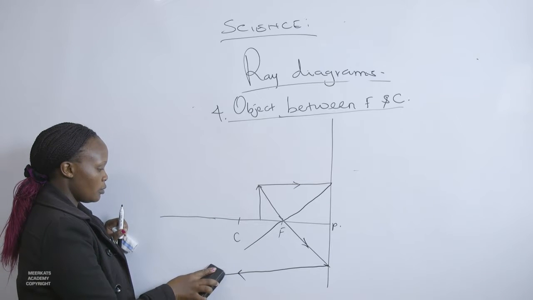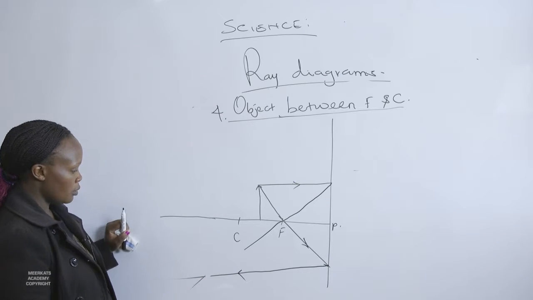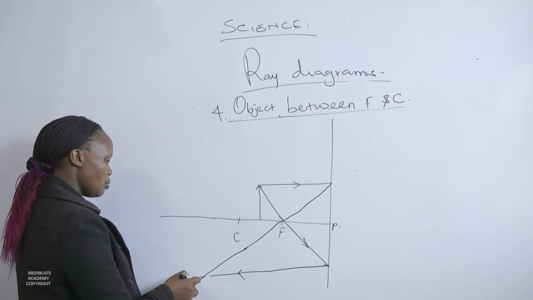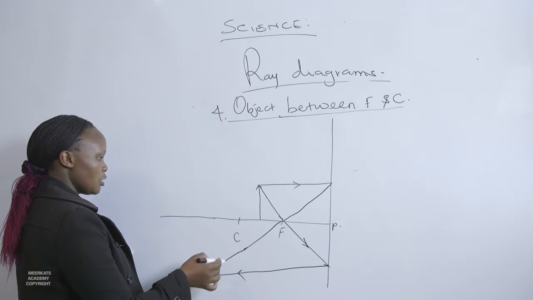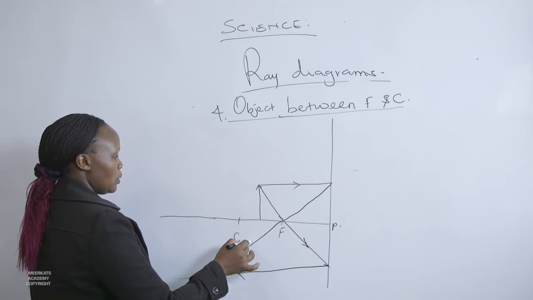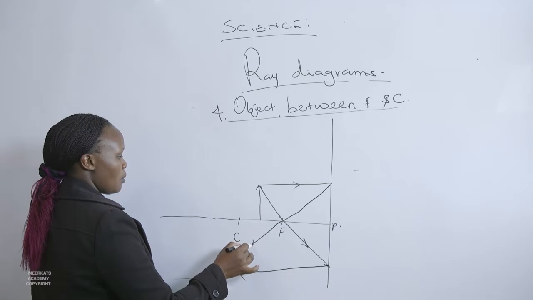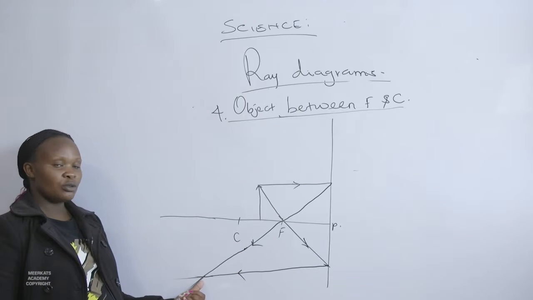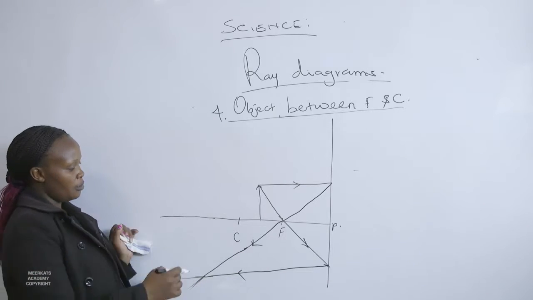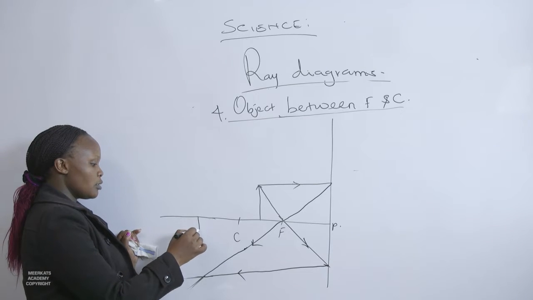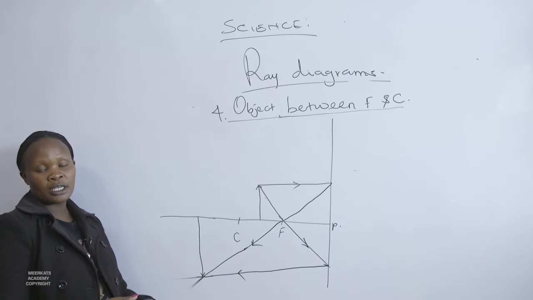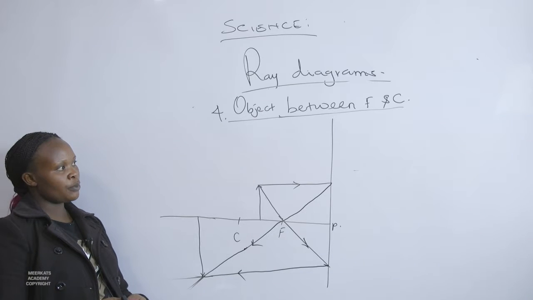Now, where they meet, their point of intersection, actually is the tip of our image. So in this case, we are going to have an image that looks like that.